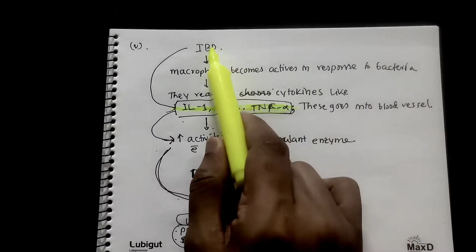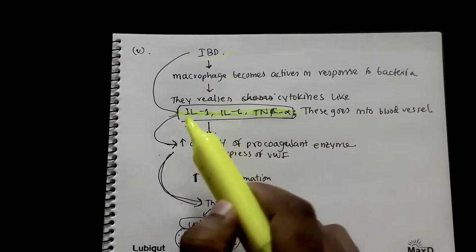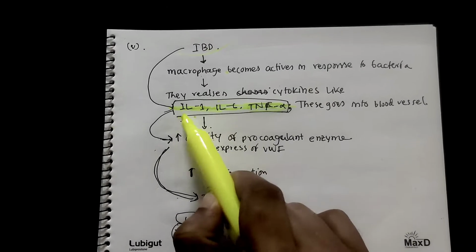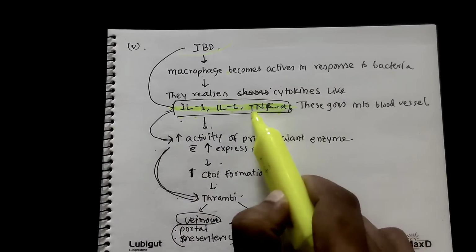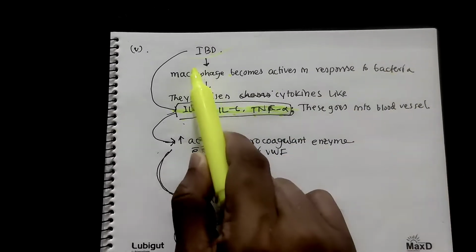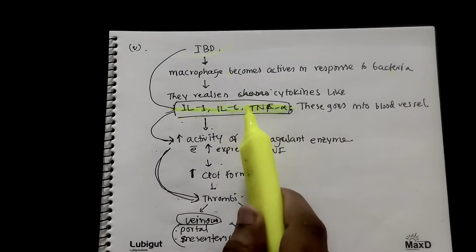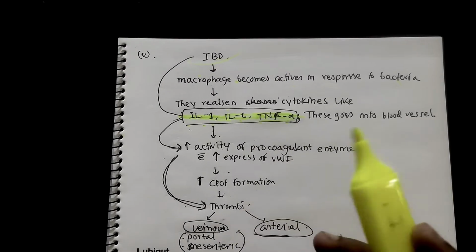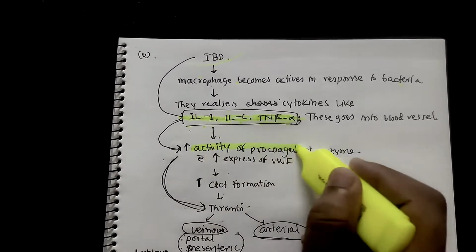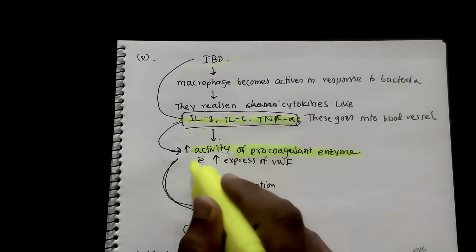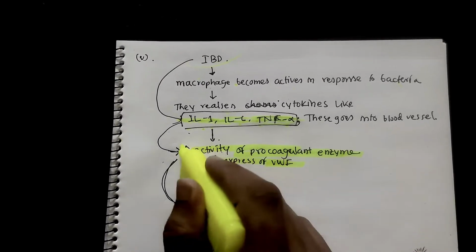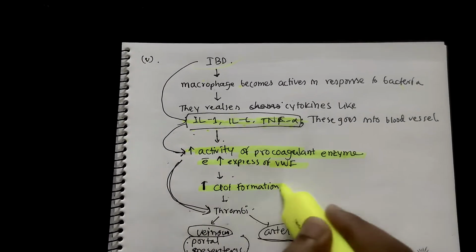These go into the blood and cause increased activity of the procoagulant enzyme and increased expression of von Willebrand factor, which may lead to clot formation.